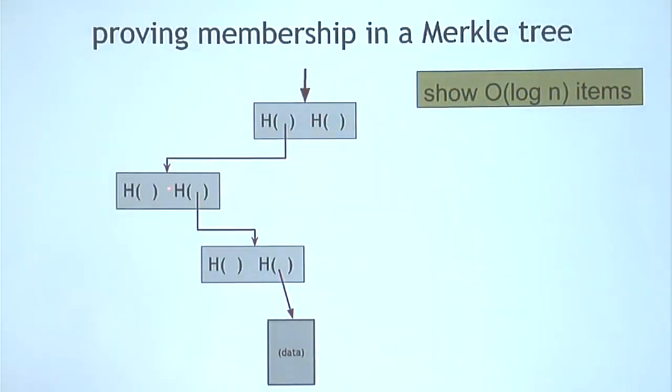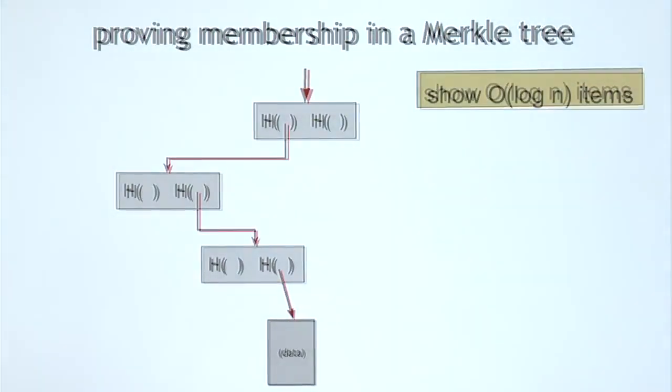And then they need to show us this block, and we can verify that the hash of this matches that. They can show us this block, we verify that the hash of this block matches this hash pointer, and then they show us the data. And just by verifying the hashes up to the root, we can verify that this data block was in the Merkle tree.